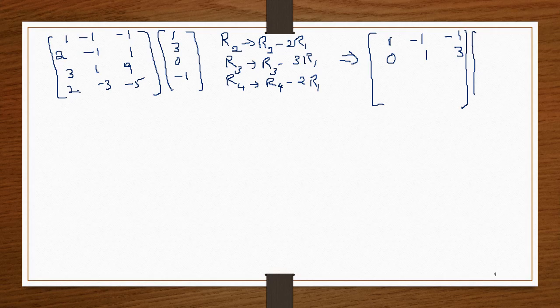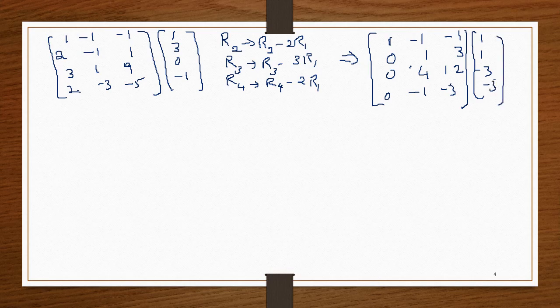Similarly, the last element is 1. The third row will be 0 4 12 -3, and the fourth row 0 -1 -3 -3.